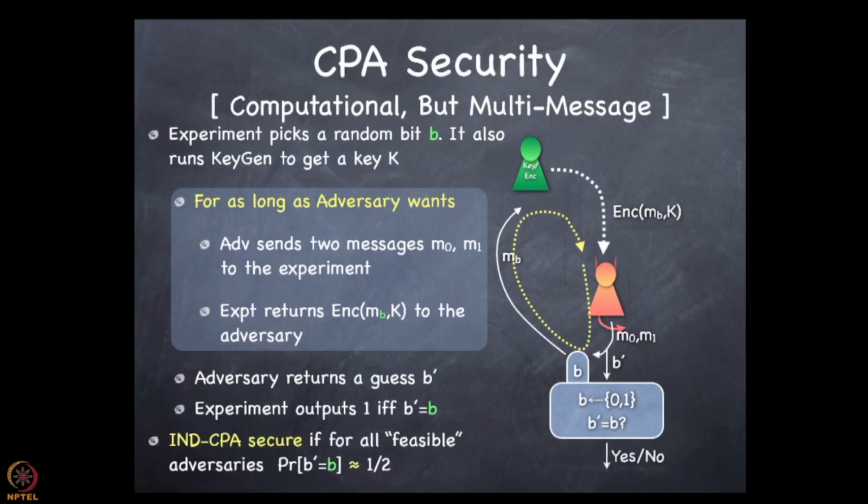Now the advantage is defined in a slightly weaker form. We only restrict to adversaries which are feasible, so the adversary has to be an efficient algorithm, and also we allow a little bit of slack. We don't require that the adversary's advantage is 0. We allow the adversary a very small or negligible advantage.